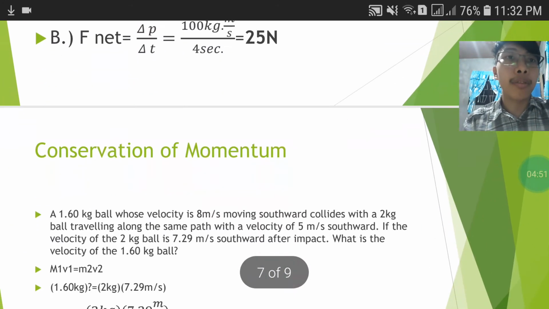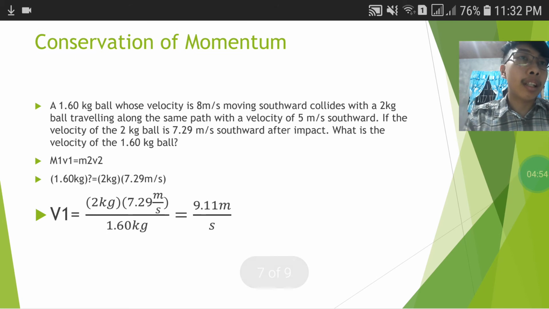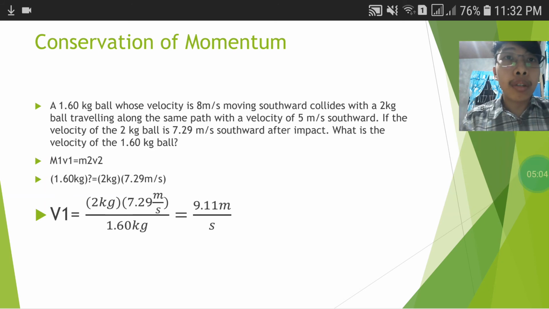So let's continue. This problem applies the conservation of momentum. A 1.6 kilogram ball whose velocity is 8 meters per second moving southward collides with a 2 kilogram ball traveling along the same path, in the same direction southward, with a velocity of 5 meters per second. If the velocity of the 2 kilogram ball is 7.29 meters per second southward after impact, what is the velocity of the 1.60 kilogram ball?